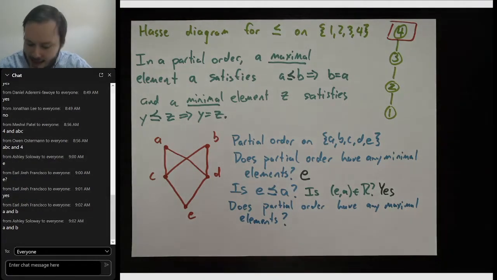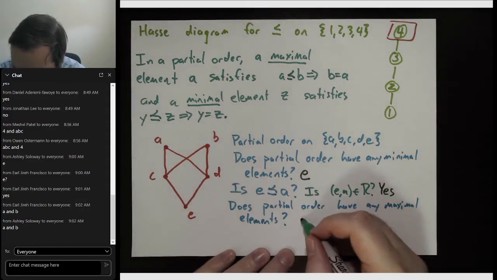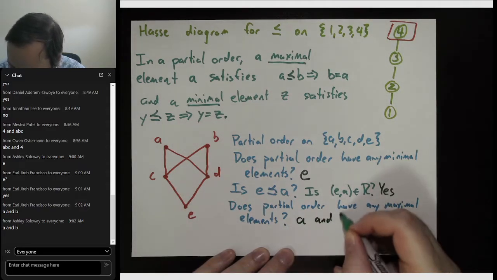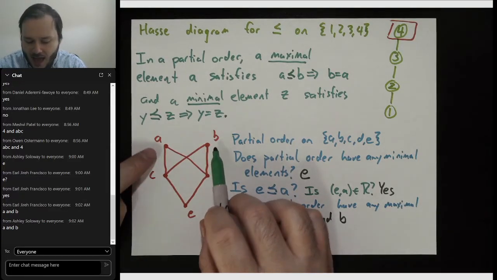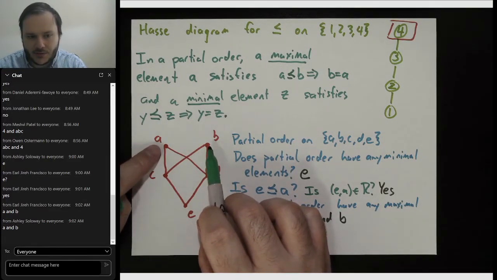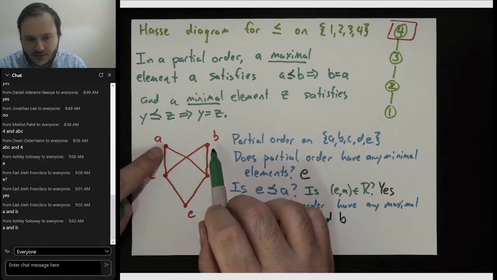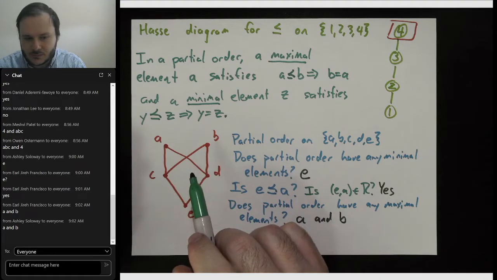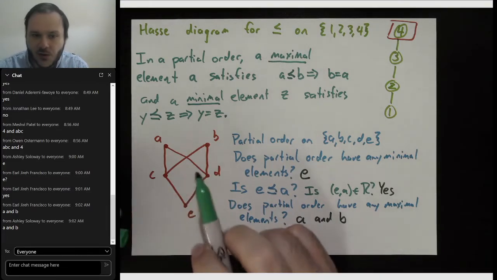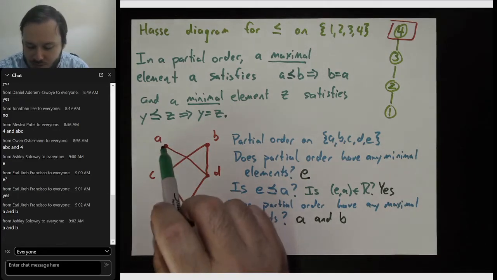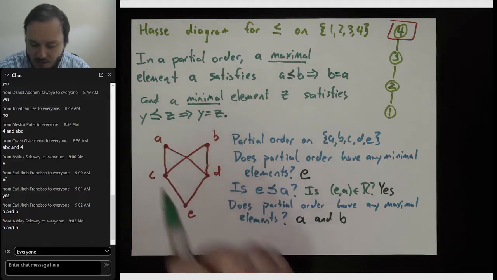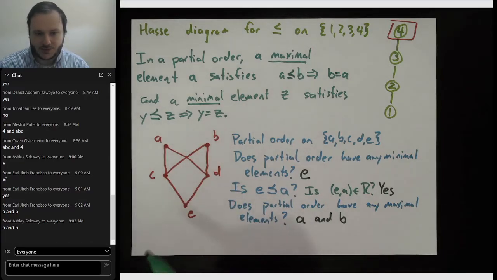Both A and B are maximal. Both A and B have the property that they're at the top. Nothing is above A or B. So you can have more than one maximal or more than one minimal element. That's okay. Maximal just means there's nothing above it. Minimal means there's nothing below it.